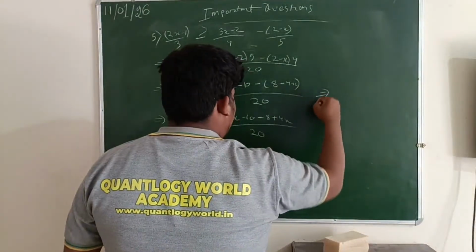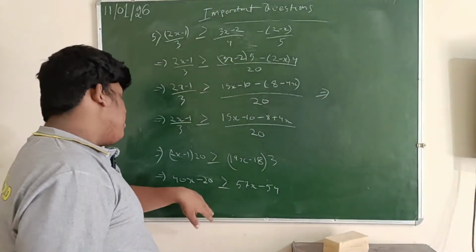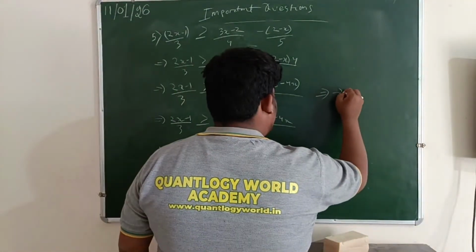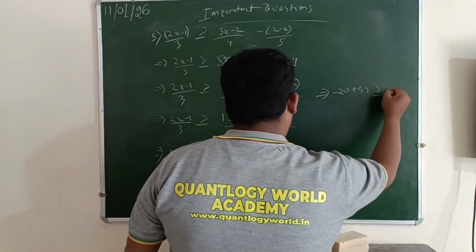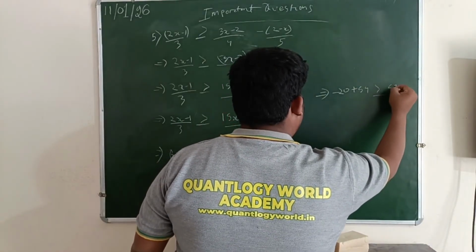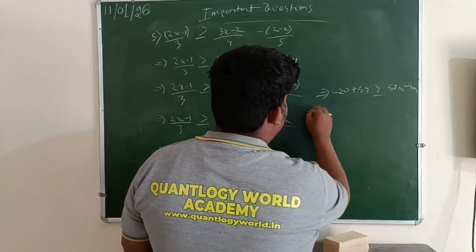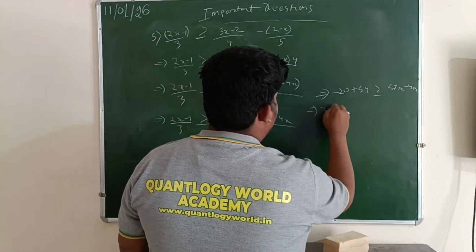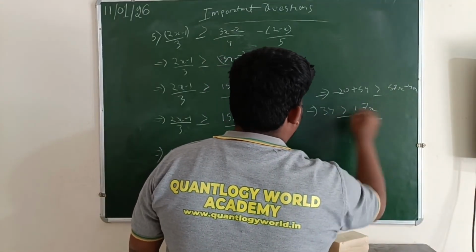So we'll do the next step here: the 40x we will bring this side and the numbers this side. Minus 20 plus 54 greater than or equal to 57x minus 40x, which implies 34 greater than or equal to 17x.